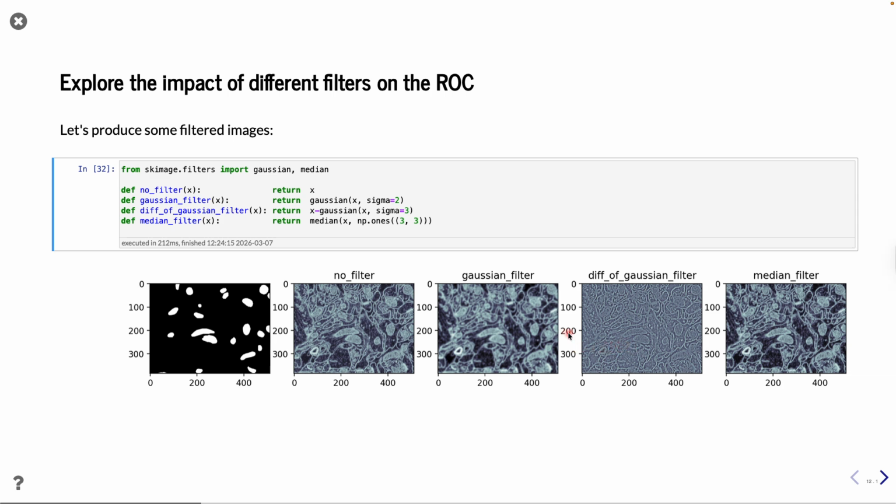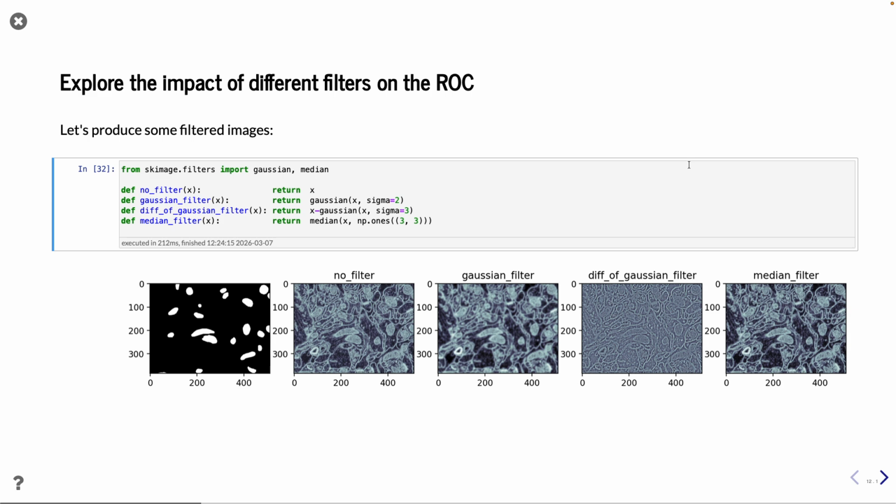Difference of Gaussian is actually a high-pass filter, so it enhances the edges. And well, let's see how it performs. In this case, I don't think it's very helpful. And the median filter also takes out some of these structures, but not as much blurring as the Gauss filter.